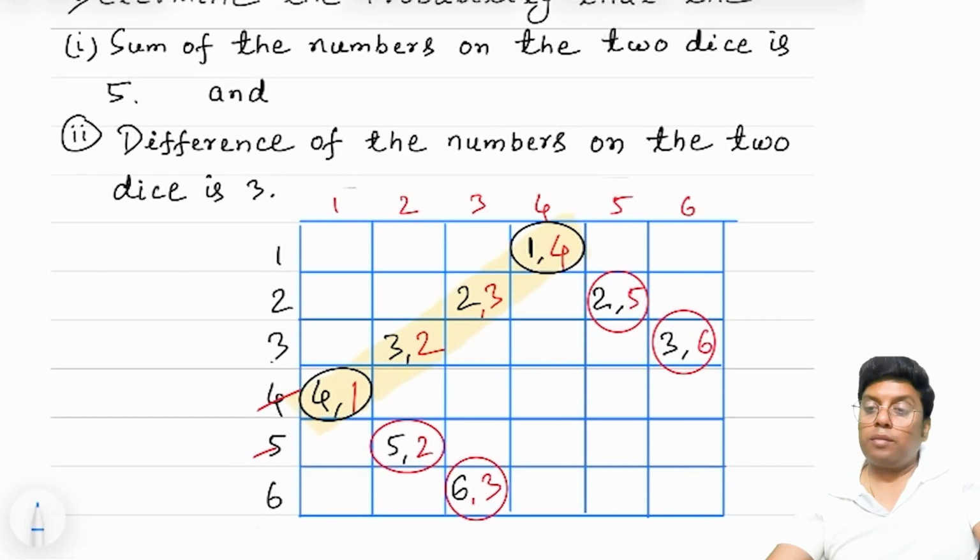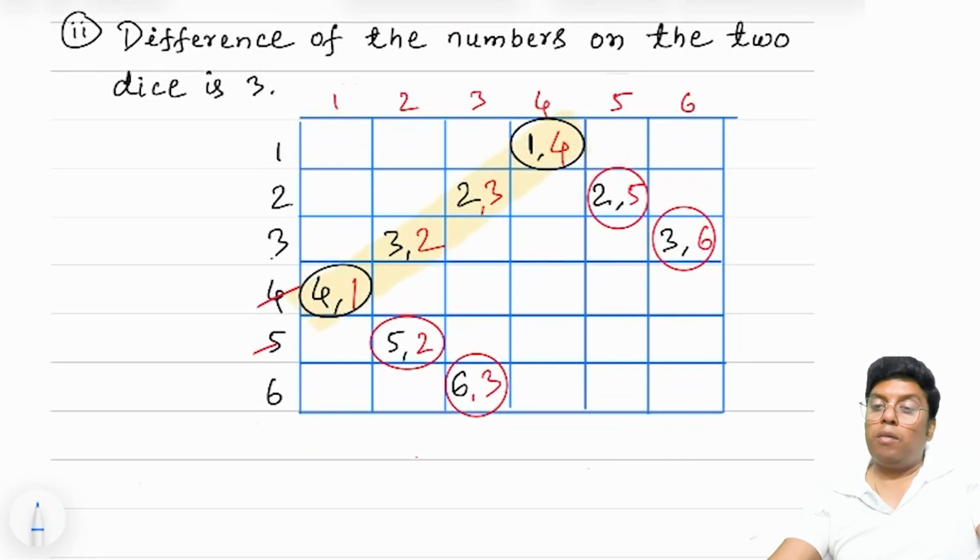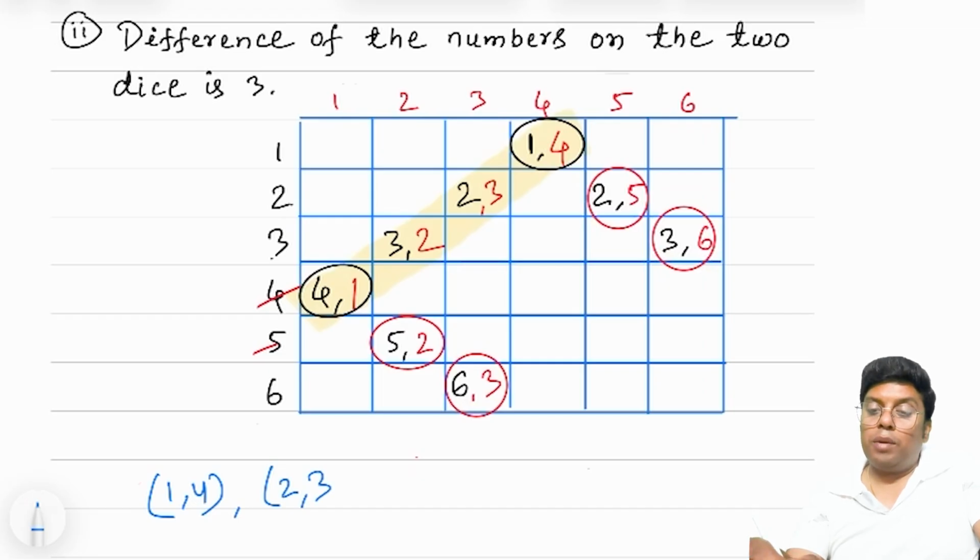5. If 1 appears on the first dice and 4 appears on the second, then the sum will be 5. So 1, 4 is the favorable outcome. Similarly, if 2 appears on the first dice and 3 appears on the second, then the sum will be 5.